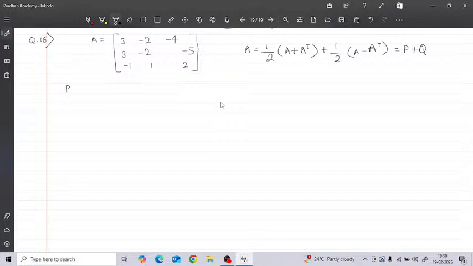Now what is P? Let's compute P. P is half of (A plus A transpose). A is [3, -2, -4; 3, -2, -5; -1, 1, 2].